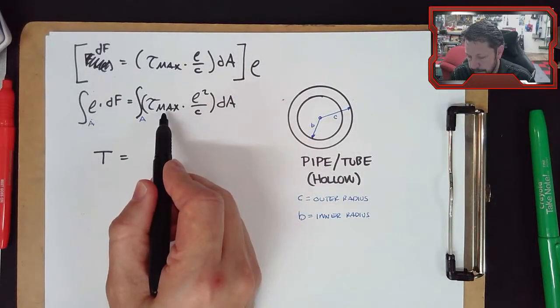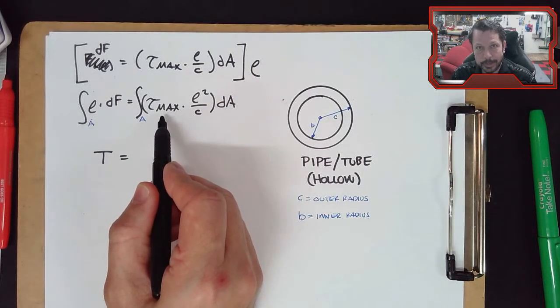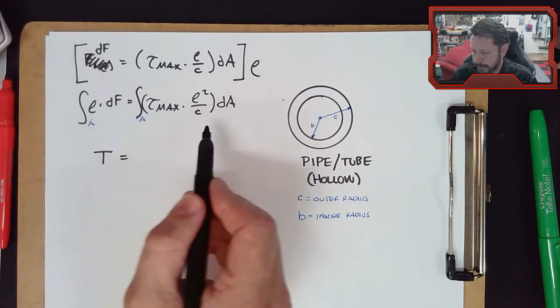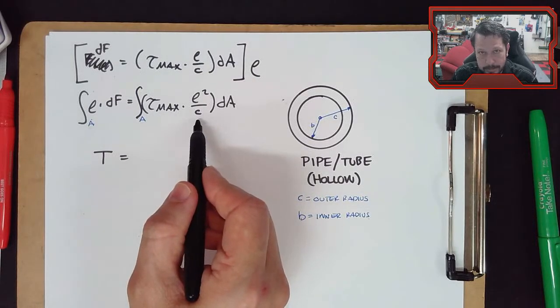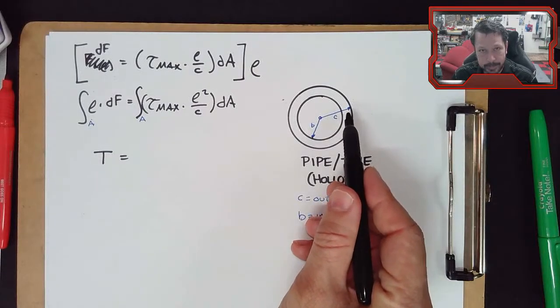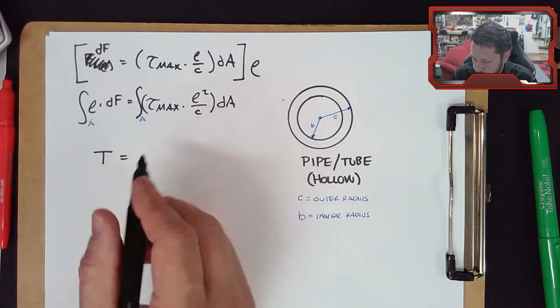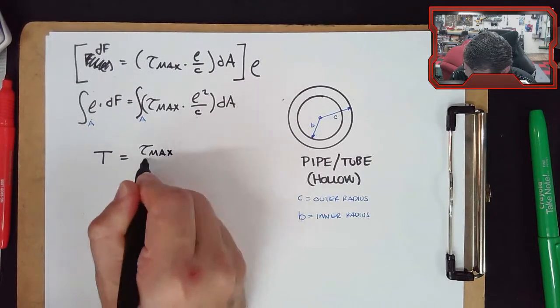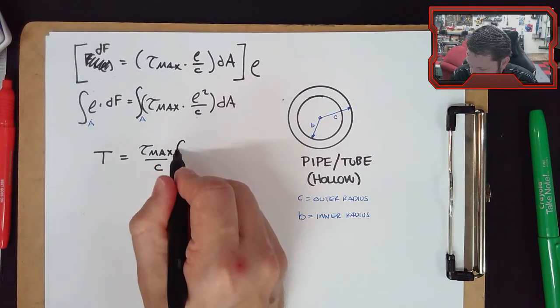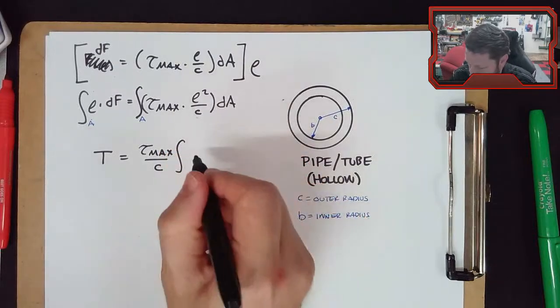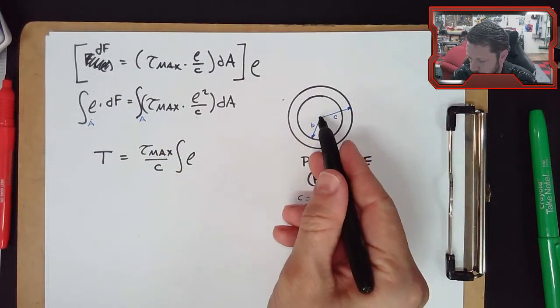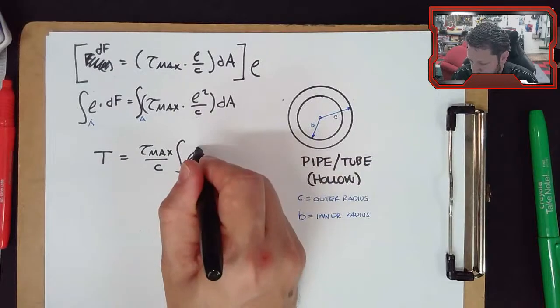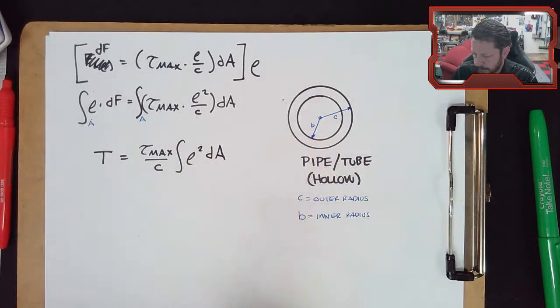Now tau max is the one value for the maximum shear stress. So it's a constant, it's not a variable. C is the one value for the outer radius. It's a constant, not a variable. So both of those can come out of the integral. And then rho obviously is an integral variable because it's the distance from the center outwards. We end with this equation.